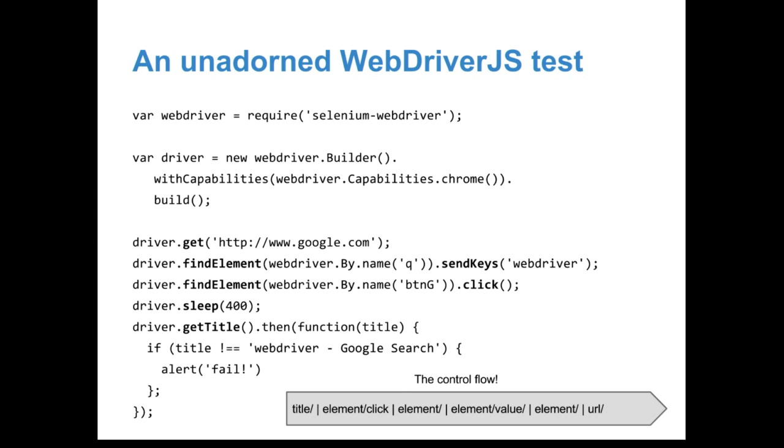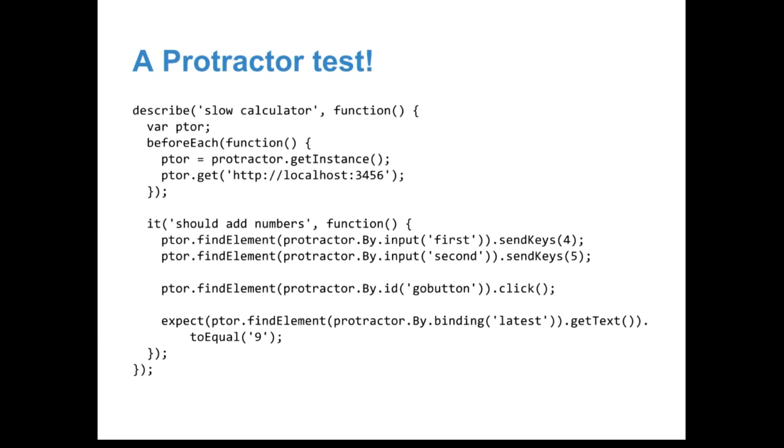So at the end of this test, nothing has actually happened on the browser. On the next tick of the asynchronous functions, the control flow will start to empty from the front. This is really important to remember when trying to debug WebDriver tests and Protractor tests. I will mention this again, but everything goes on the control flow, then everything's popped off of the control flow.